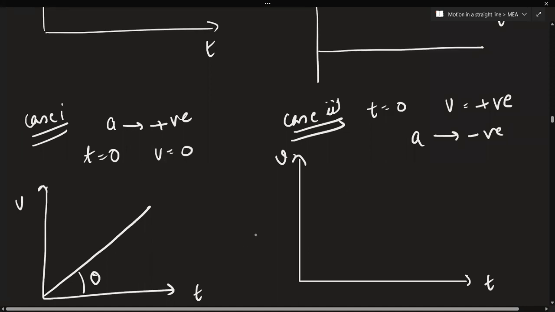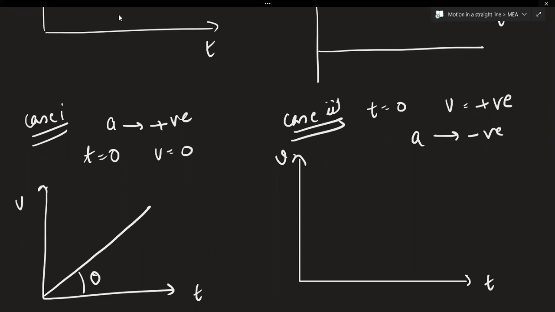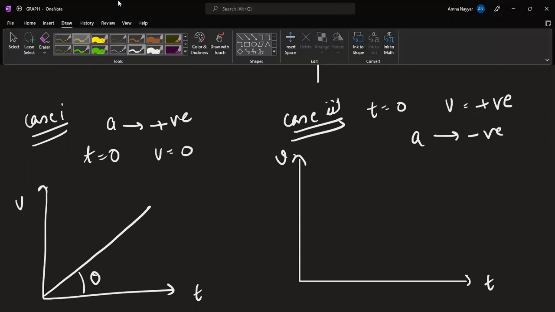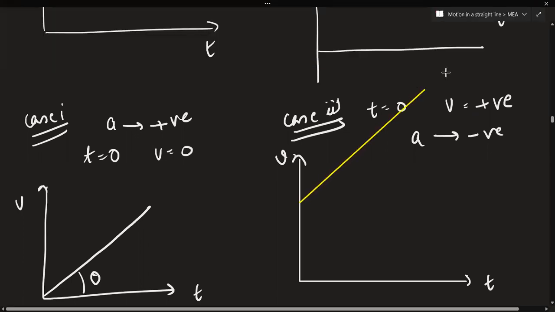It has a certain value that we are not aware of. We are just focusing on how to plot the graph. Let's say it is somewhere here. If I draw it like this it will be a positive slope, so I have to draw it like this. This becomes the negative slope, and this also gives an obtuse angle.